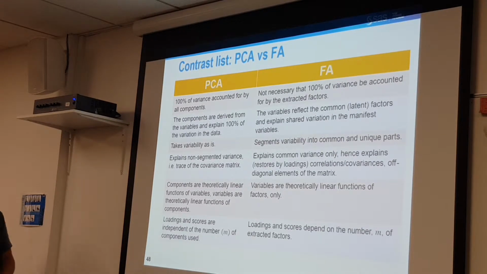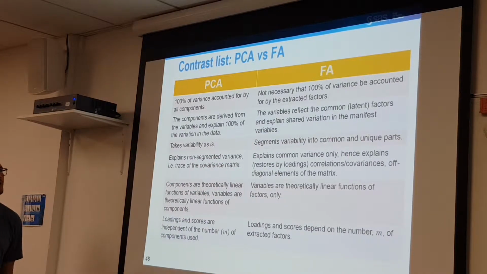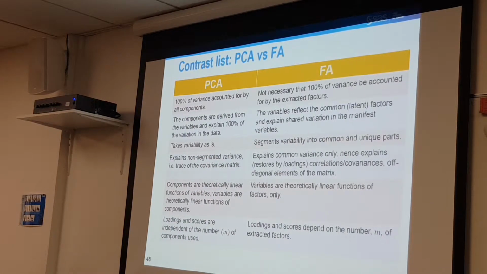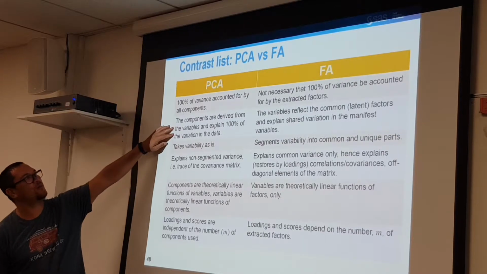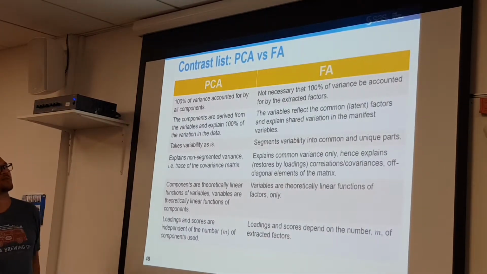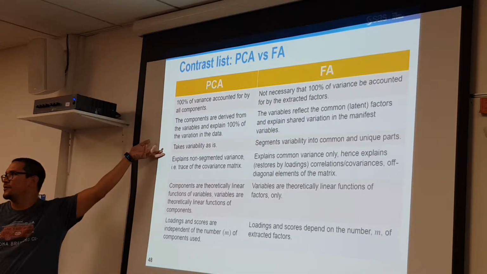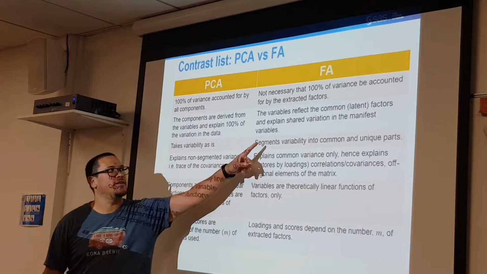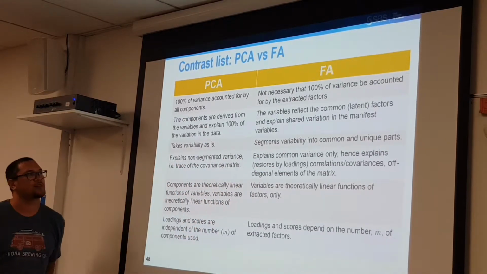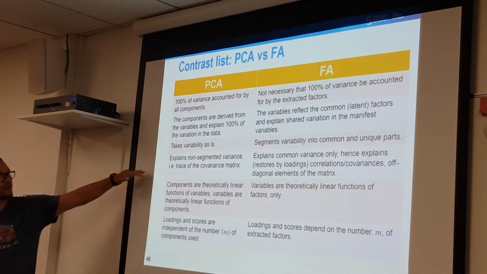The variables in a factor analysis are reflecting the latent constructs. In a PCA, we don't look at that. All the components are derived solely from the variables, and they explain 100% of the variation in the data. We just take the variability as it is. In factor analysis, as I've stated, we are splitting it into 2 parts.